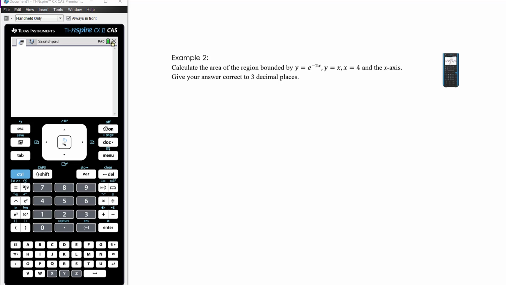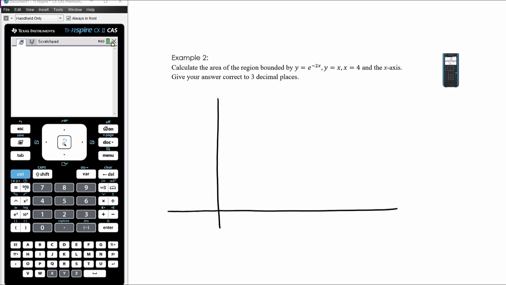So we've got e to the negative 2x, an exponential being reflected in the y-axis with a bit of a dilation, so it's going to go that way. Y equals x, a line, x equals 4, a vertical line, and the x-axis. So let's plot what's happening. When x equals 0, y will equal 1, so it has a y-intercept at 1.